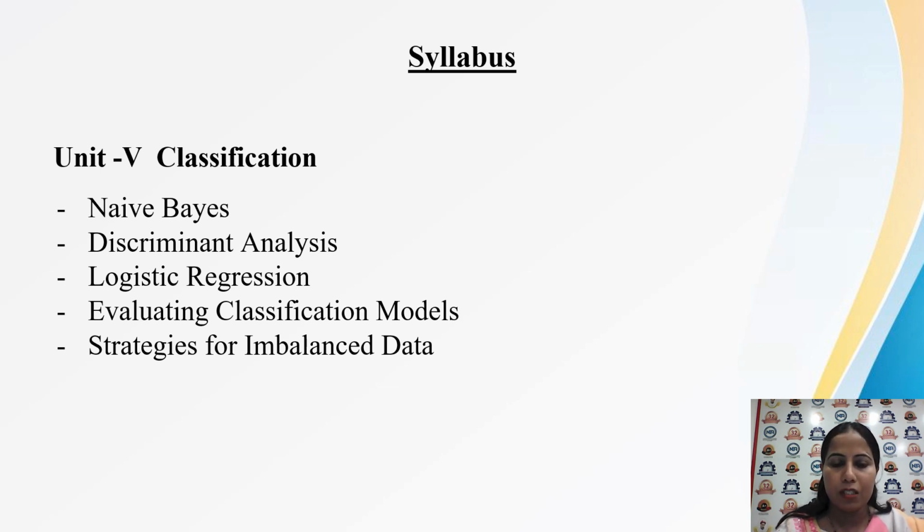There are various techniques or metrics to evaluate classification models, such as ROC curve, AUC curve, precision, recall, confusion matrix, and accuracy. And here we will also study various strategies in order to balance imbalanced data.